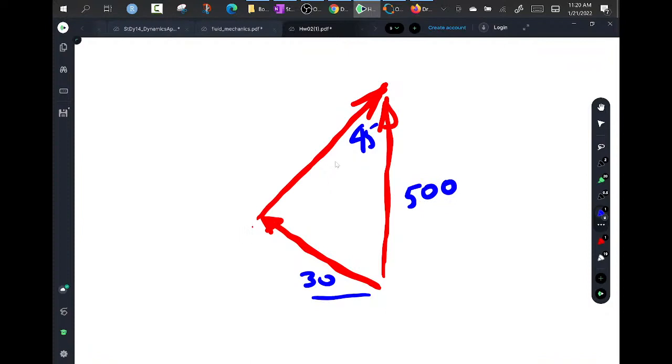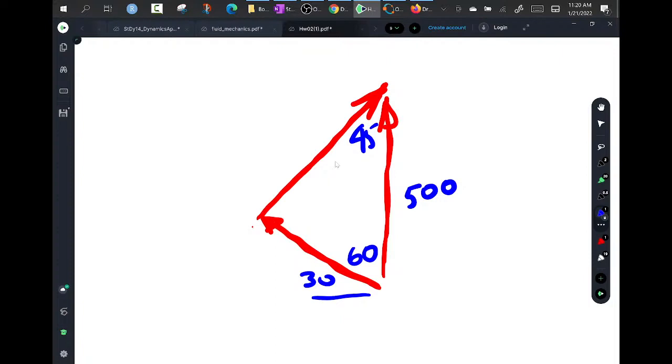Okay, now I know this angle is 90. I know this angle is 30. So I got a 60 there. So suddenly I've got most everything I need.